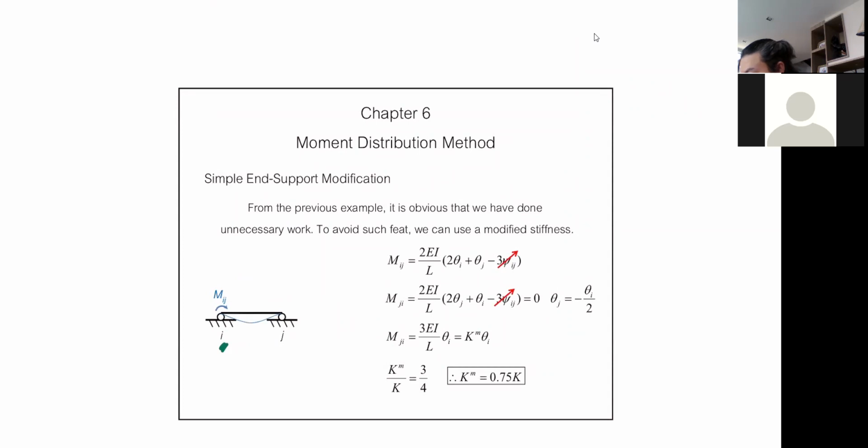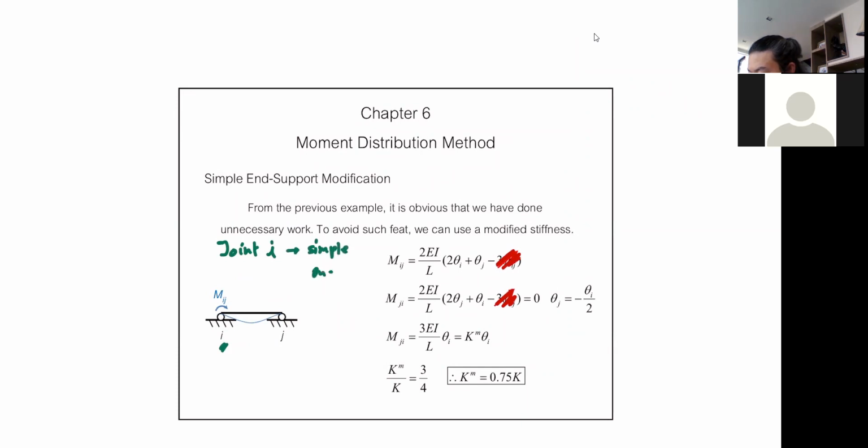Mij is like this, and we don't care about the side term anymore, so just squeeze it out, and Mji. Now remember that we are looking at joint I, which is a simple end.